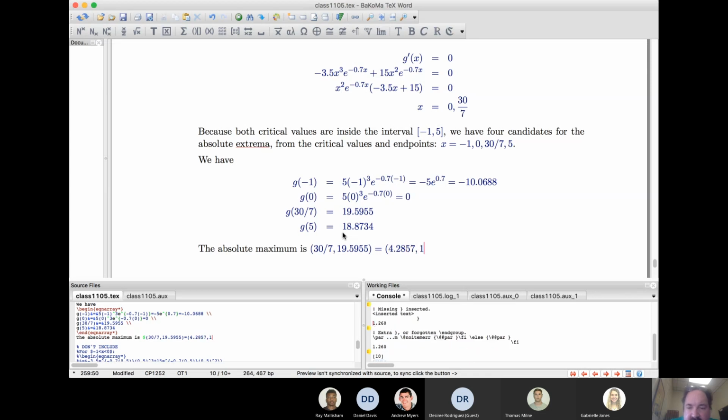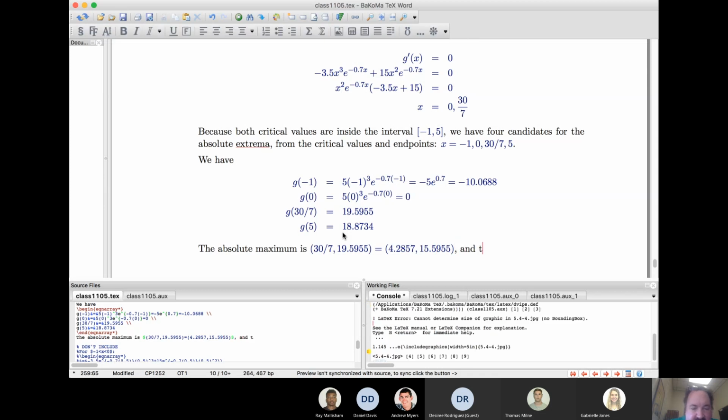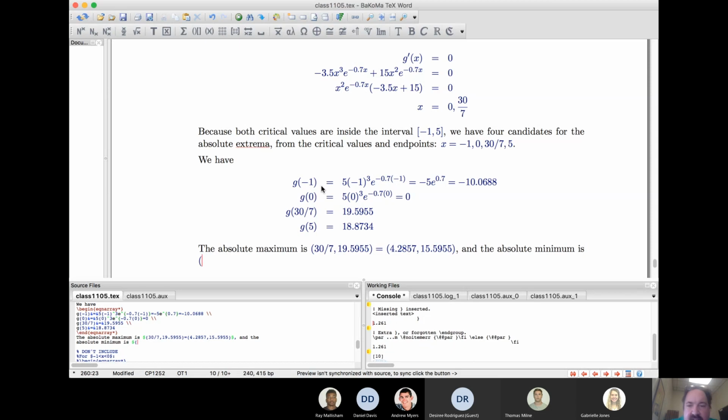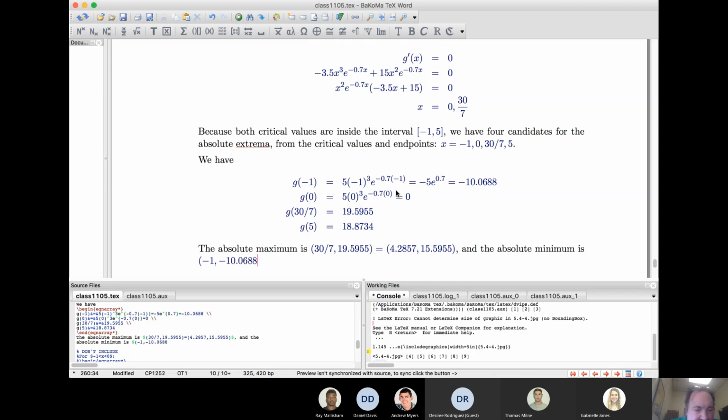So it should be expressed that way. And the absolute minimum is at this point. It's the only negative value of the bunch. So minus 1 is the X value. And then minus 10.0688 is the Y value.